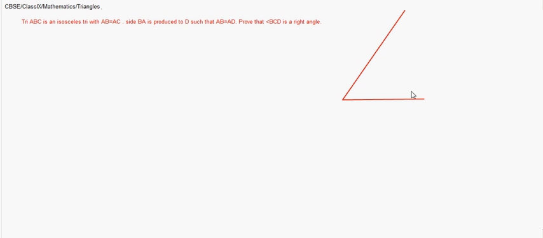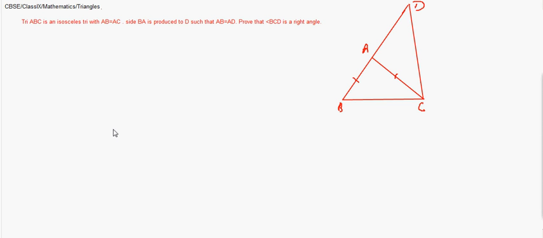So this is how it would look. This is A, B, C, where AB equals AC. This is the point D, where AD is equal to AB. Oh, I have to join this as well. So I have to prove angle BCD to be 90 degrees.